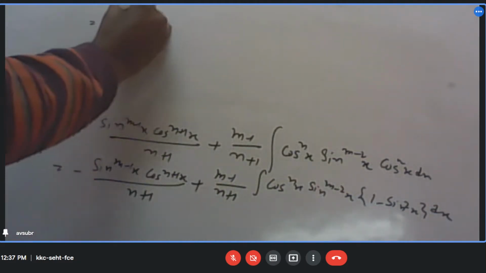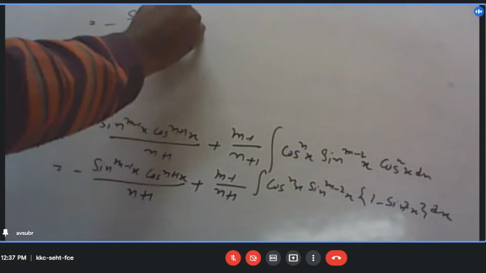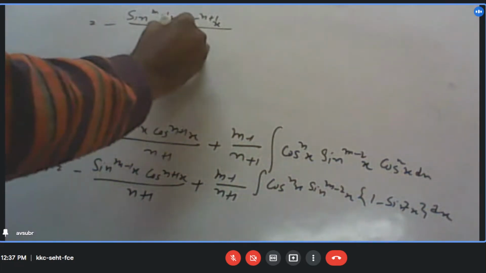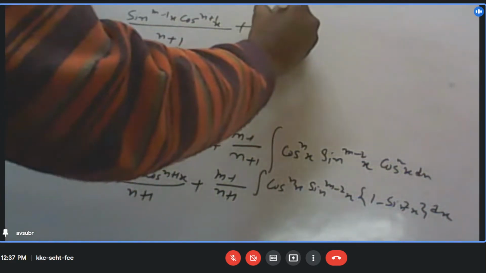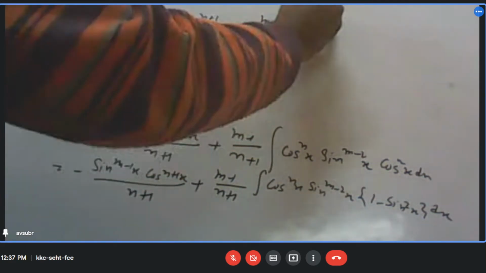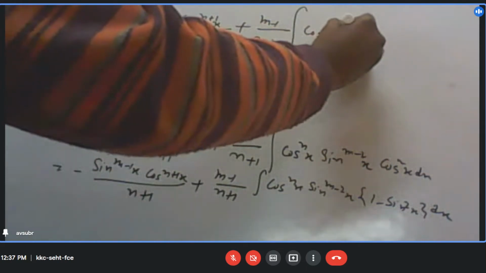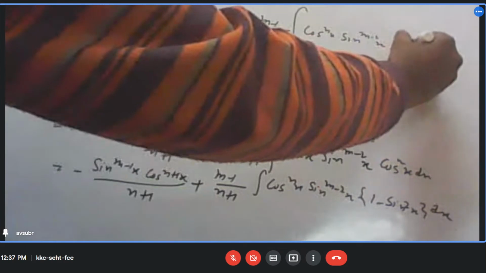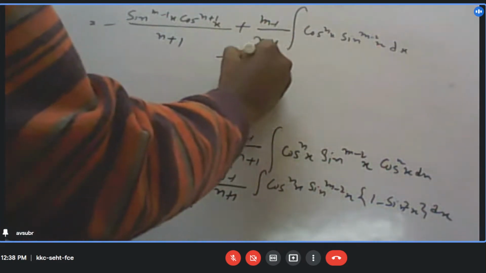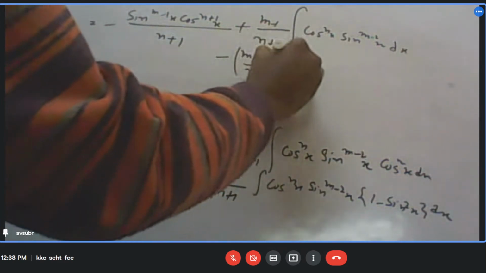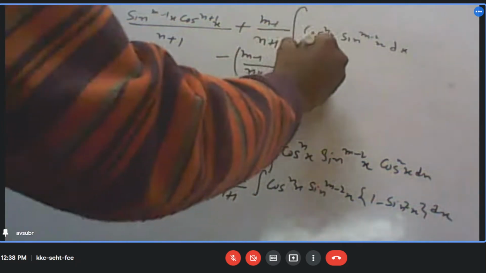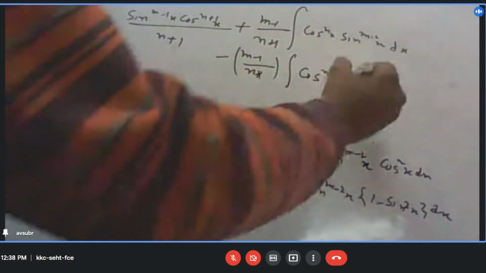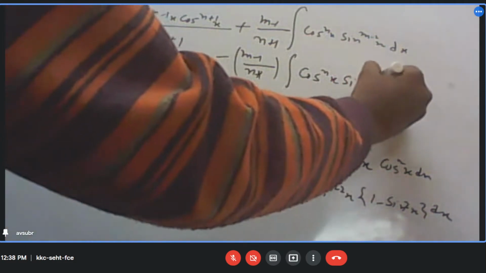So minus sine to the power m minus 1 x cos to the power n plus 1 x by n plus 1, plus m minus 1 by n plus 1 into cos to the power n x sine to the power m minus 2 x dx, minus m minus 1 by n plus 1 into cos to the power n x, and this will be sine to the power m x dx.